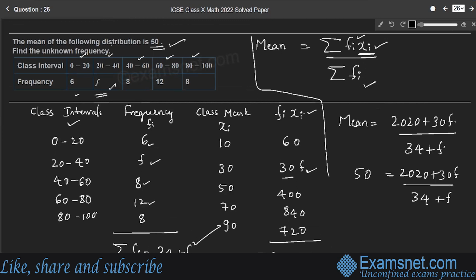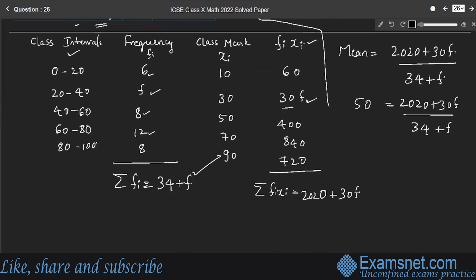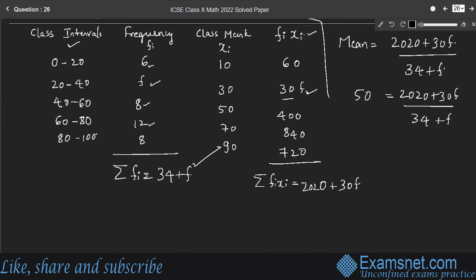Simplify it. So 50 into 34 you will get 1700, plus 50f is equal to 2020 plus 30f.